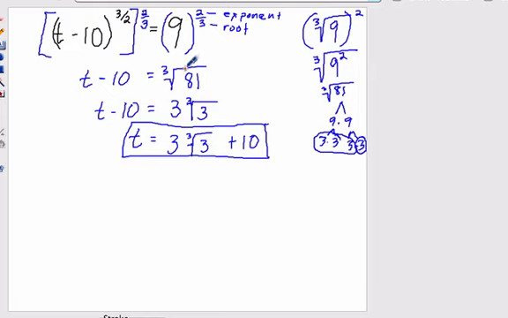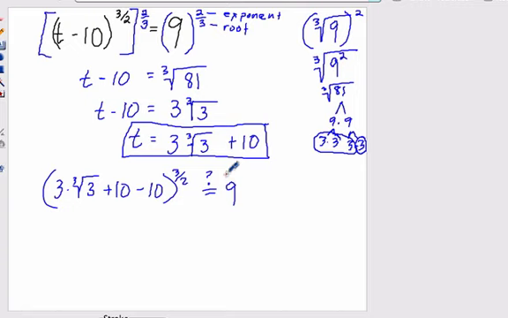what I would do is take this value right here and plug it back into my equation for t. So I'd be taking 3 times the cube root of 3 plus 10, and that's what t equals, minus 10. If I raise that to the 3 halves power, does that give me 9? Now I just want to remind you that this right here, 3 times the cube root of 3, was the cube root of 81.